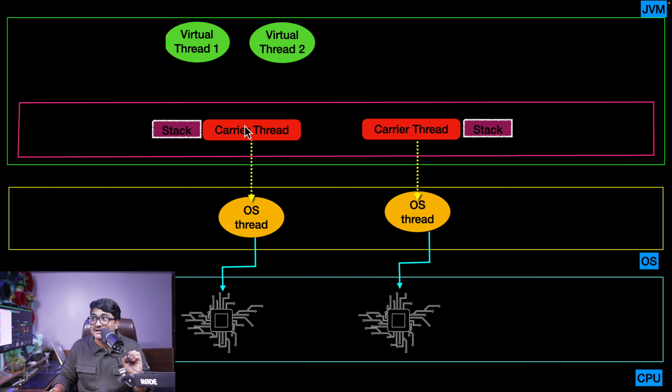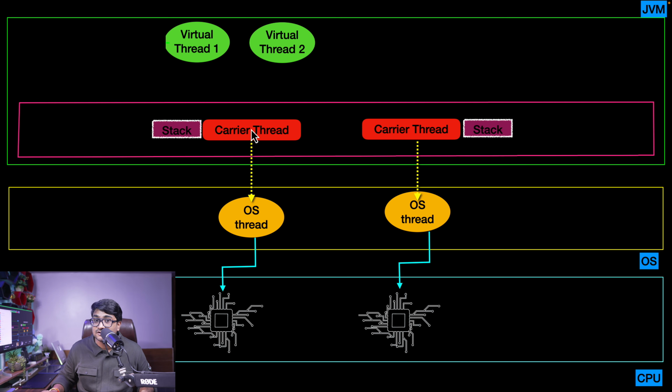But here is the point. Now you might have a wonderful question: if this virtual thread was previously attached with this carrier thread, and let's say it is operating over a method, and inside that method we might have a lot of variables, references, addresses, and in the middle, if you are going to detach that thread, where will the virtual thread keep those data? Previously it was attached with this carrier thread and working on top of it.